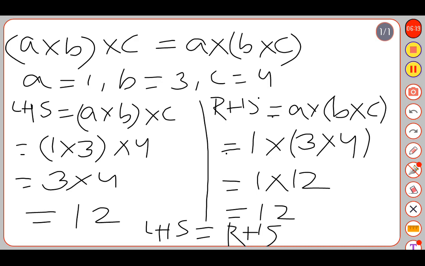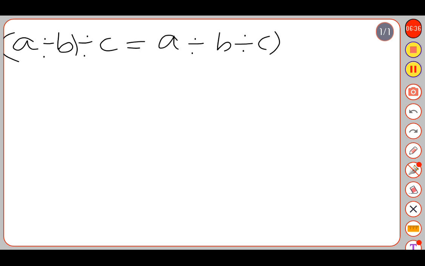Now we will move towards division. For a whole number to be associative under division, it must obey the following rule: (a ÷ b) ÷ c must be equal to a ÷ (b ÷ c). So let us take a equal to 1, b equal to 3, c equal to 4.